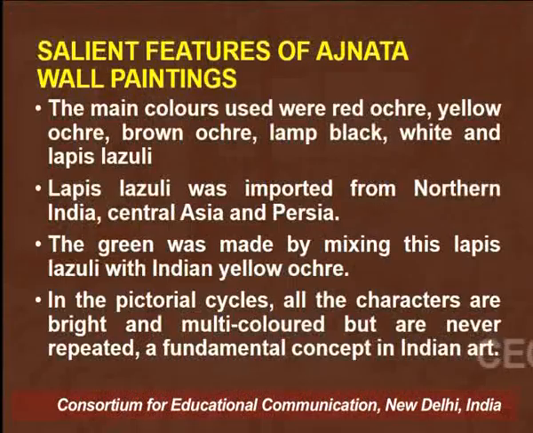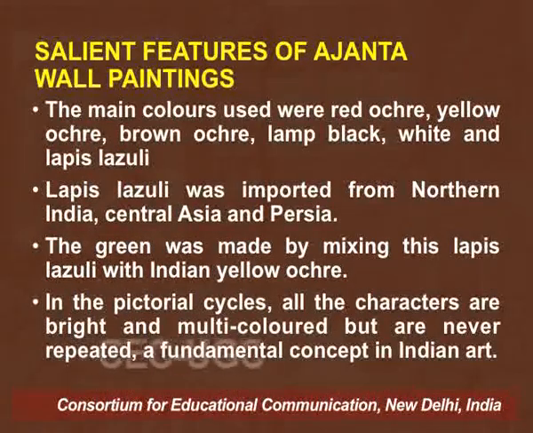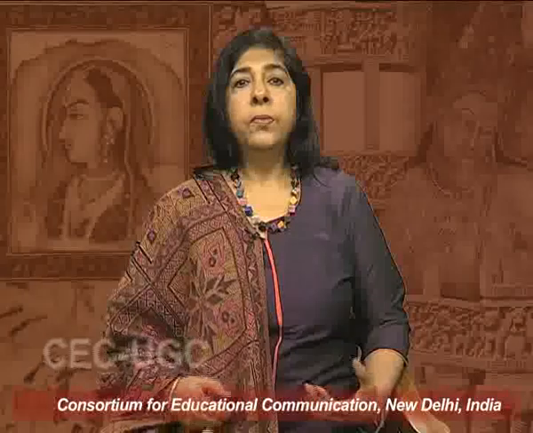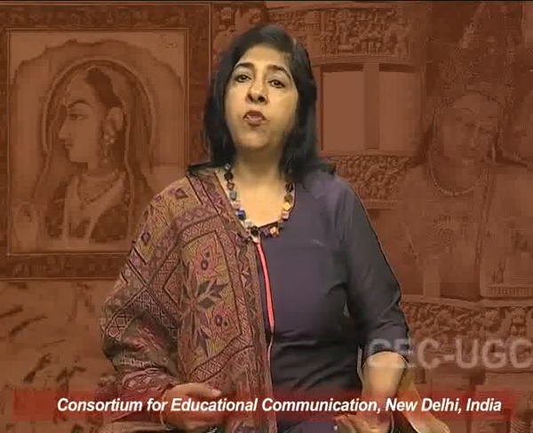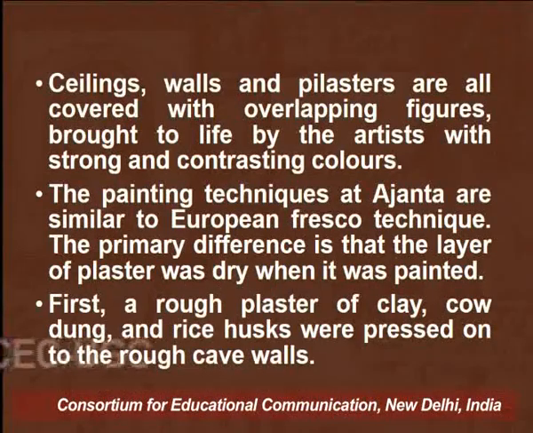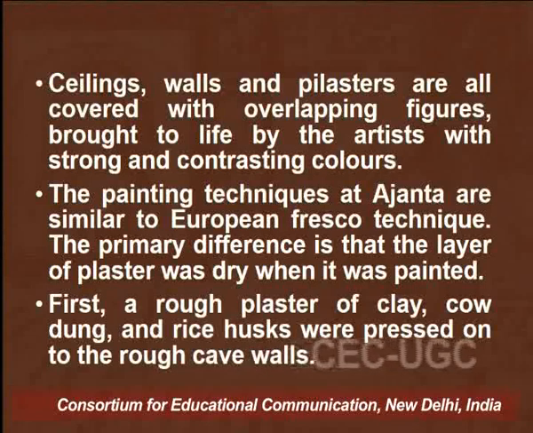So the green was made by mixing lapis lazuli with Indian yellow ochre, and all the characters were bright and multicolored but were never repeated, again which is a fundamental concept in Indian art. Ceilings, walls and pilasters were mostly covered with overlapping figures which were brought to life by the artists with strong and contrasting colors. Again, a principle that is followed even in modern painting.